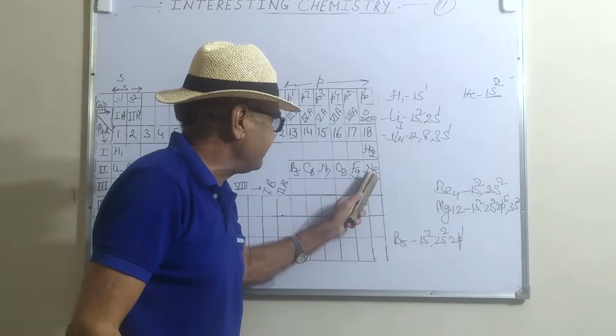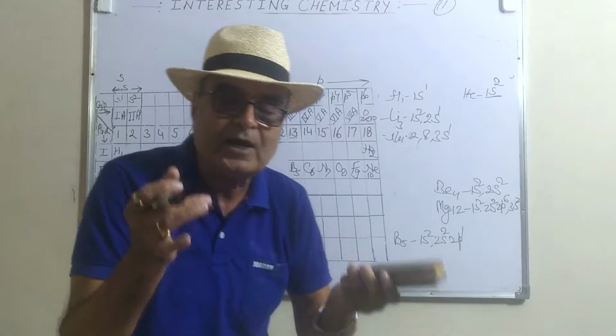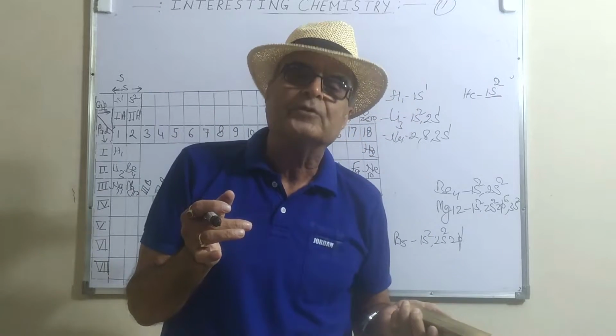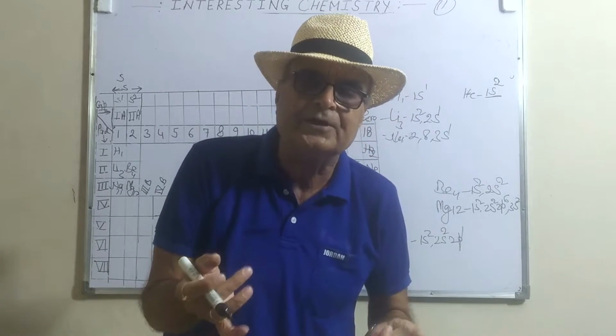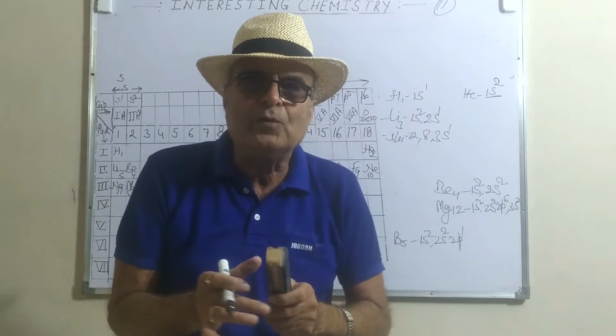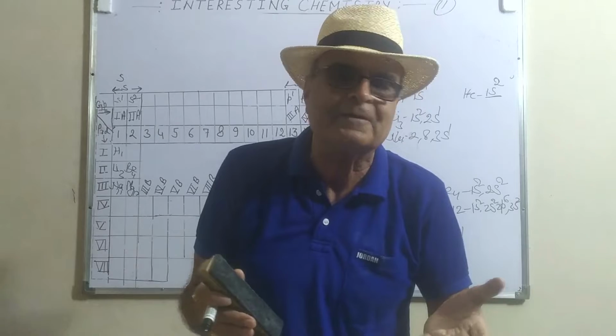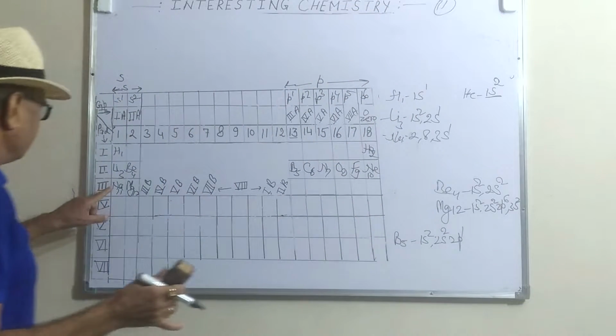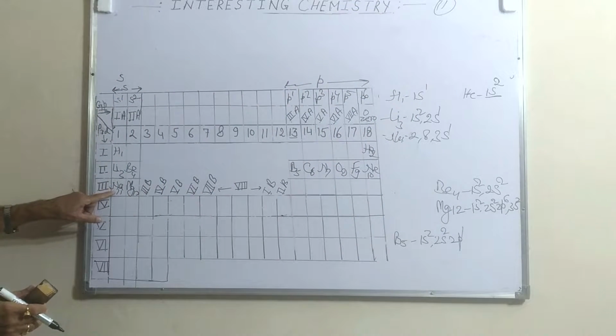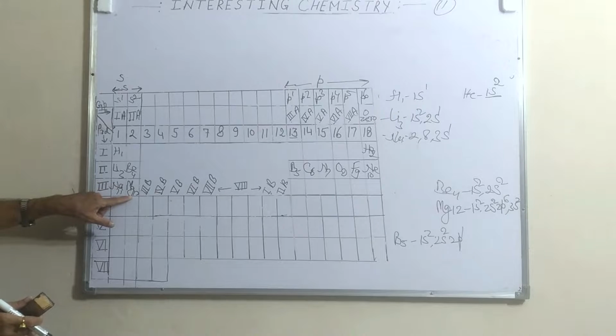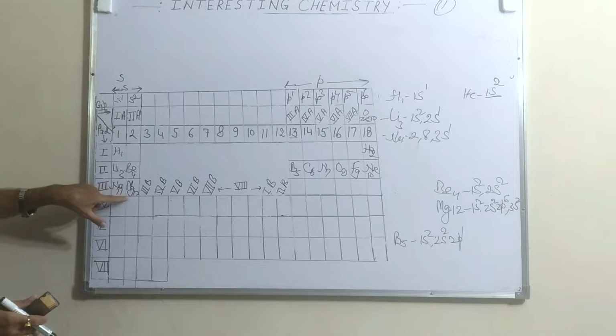Now I have told you that there is a continuation. Here is number 10, and we will start the third period. So the third period will start from the 11th number, sodium, and magnesium, s1 and s2, I explained to you.